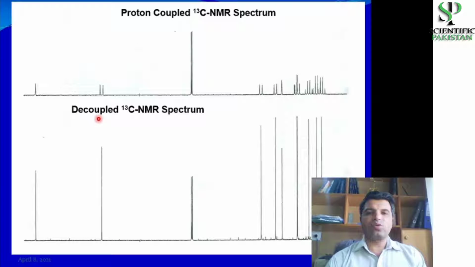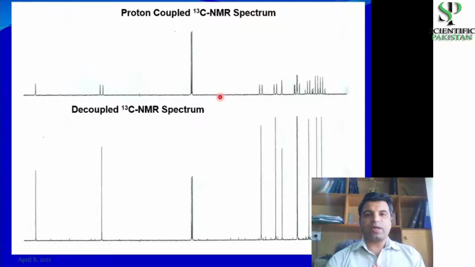Now, we can have two types of carbon-13 NMR spectra. The first one you can see here is a proton-coupled carbon-13 NMR spectrum, and here we have the decoupled carbon-13 NMR spectrum. A proton-coupled spectrum is the one in which the carbon nuclei are coupled with the protons attached to that particular carbon atom.